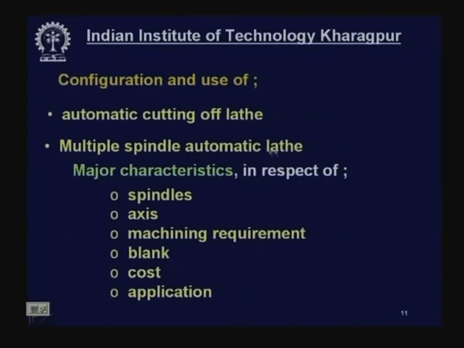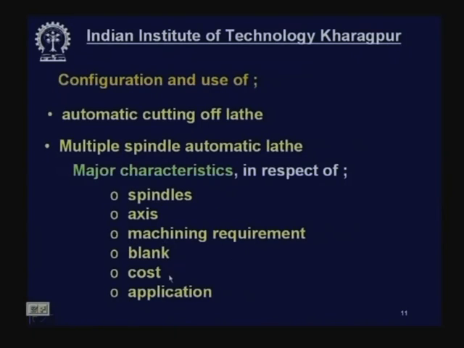Multiple spindle automatic lathe, yes, these are again for mass production and a faster production. So, if the number of spindles are large, the productivity will be improved. Now, the major characteristics of this multi-spindle automatic lathe compared to multi-spindle turret lathe are, here in automatic multi-spindle, spindles will be again 4 to 8. Axis, yes, the axis will be horizontal, not vertical like turret lathe.